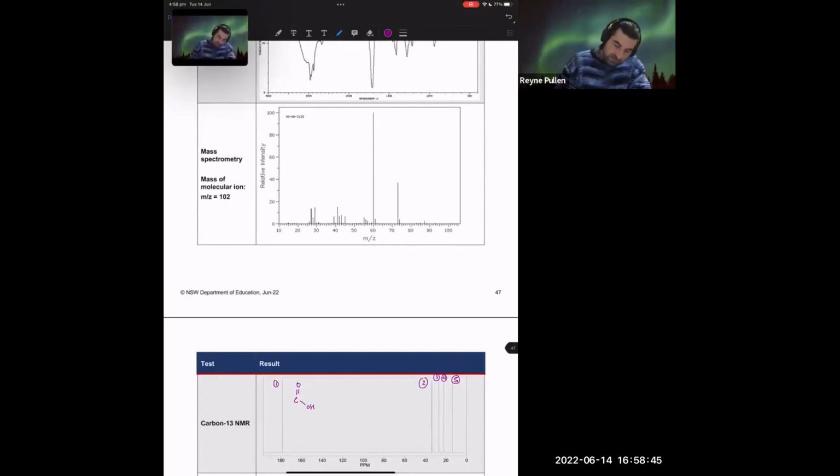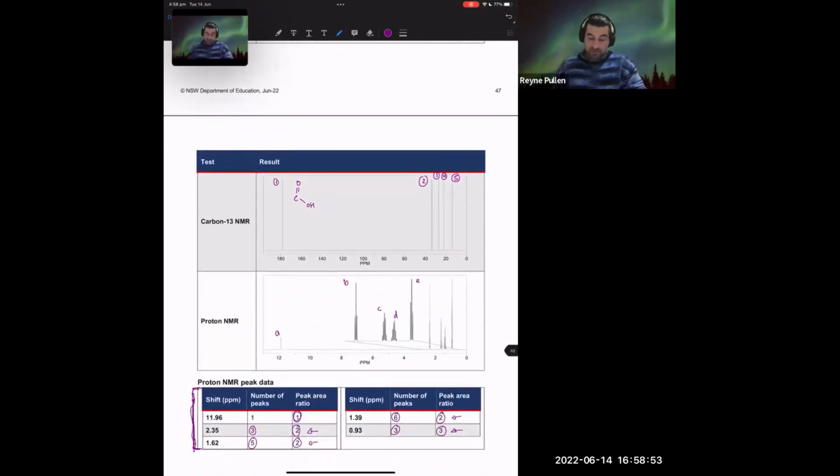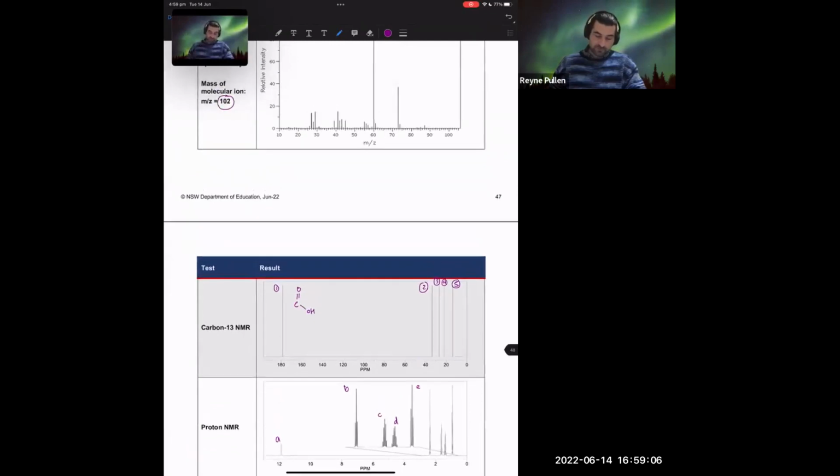The mass spec here is at 102. As I've done before, I'm going to take the simplest ratio of the carbon and proton NMR. Just because there are 5 signals doesn't mean there are 5 carbons. There could be 10 or 15 carbons, but I'm going to assume 5 and work off of that first.